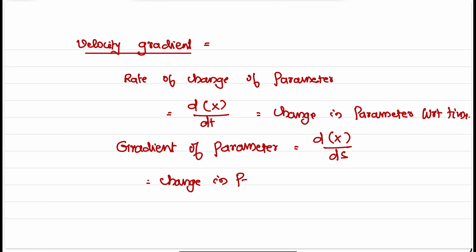This is very, very important, because as we are moving further in work, energy and power, these are also required. Change in parameter with respect to space. Space in the sense, in unidirectional it is dx. In 2-dimensional to 3-dimensional we can say dx dy and dz, or we can say ds.